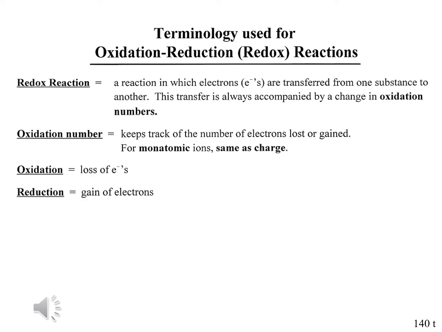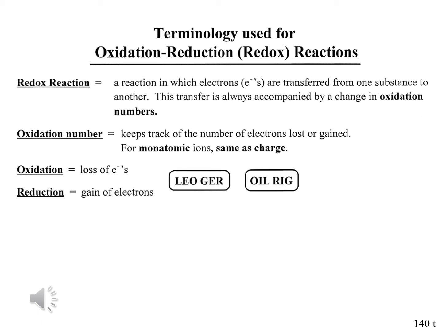I think you probably heard these terms before, that oxidation is loss and reduction is gain. The thing is, how do you remember this? Well, I'm supposed to teach you this from first principles, whatever that is, but I'm not going to do that because I think it's a lot easier to learn these from mnemonic devices, and here they are.